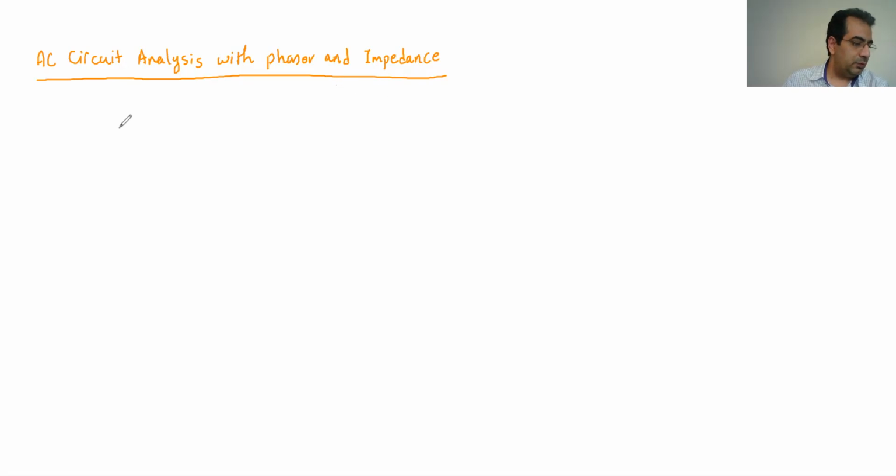When we have the AC circuit, the very first step is that we convert all the sources into phasors. So any voltage or current that we have, just replace it with the phasor.